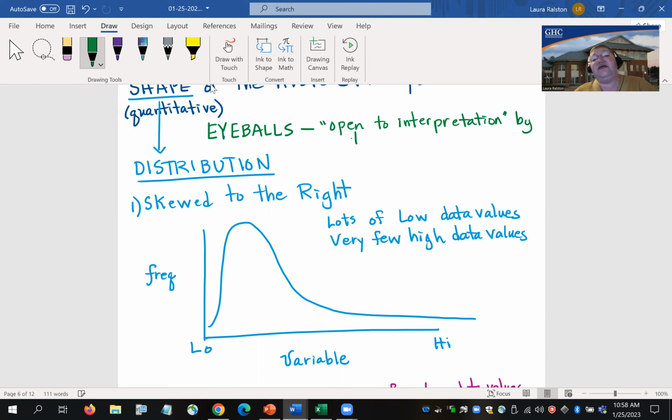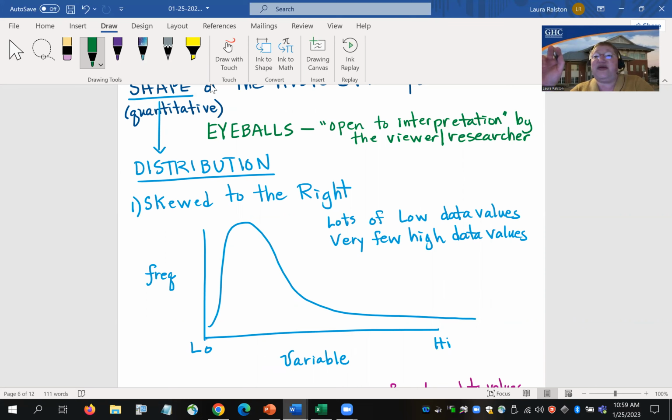By the viewer or by the researcher. But I can use the relationship, the comparison between the mean, the median, and the mode, those three measures of center, to help me verify, confirm whether or not my distribution is skewed left, skewed right, or symmetric.